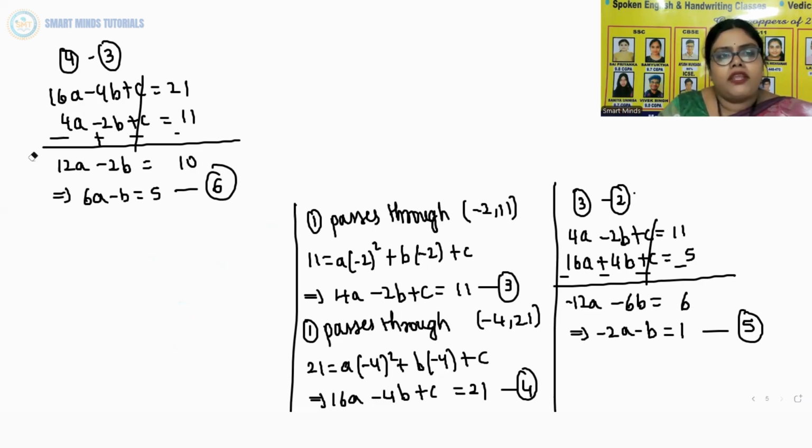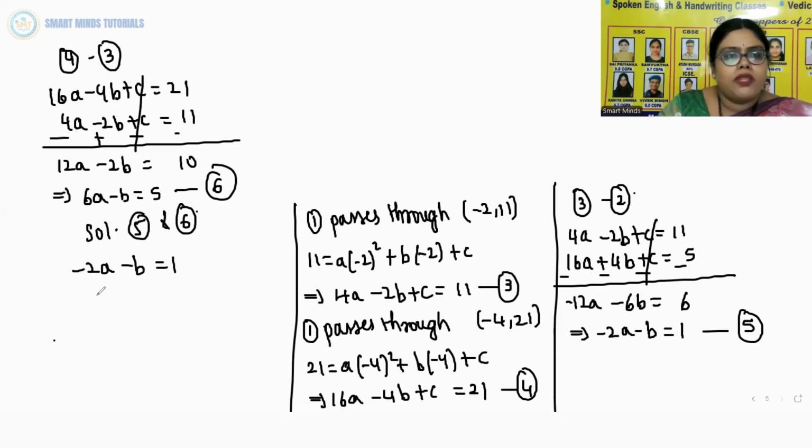Now after getting fifth and sixth equations, we solve 5 and 6. In fifth equation also you have b, in sixth equation also you have b. So minus 2a minus b is 1 and 6a minus b is 5. Now again we change the signs because both are minus b.